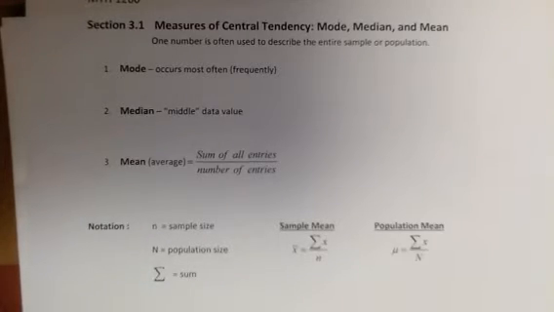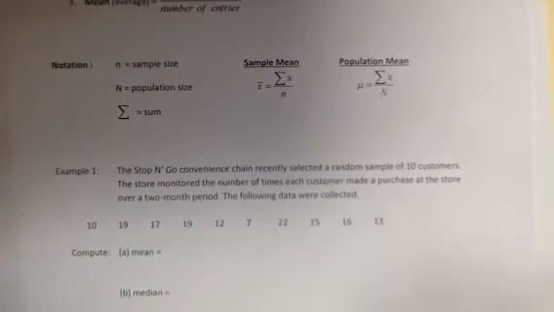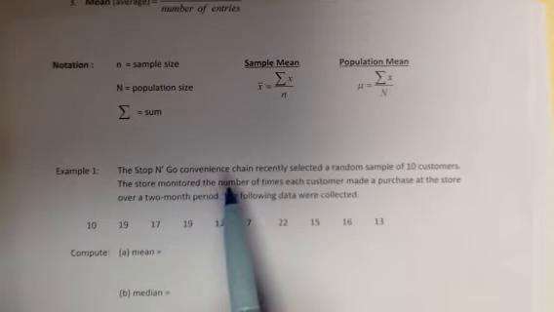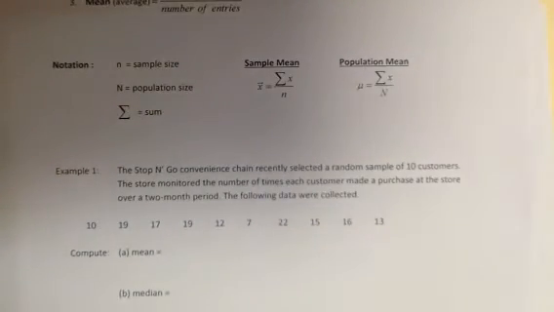So let's now look at an example. In this example, it says the Stop and Go convenience chain recently selected a random sample of 10 customers. The store monitored the number of times each customer made a purchase at the store over a 2-month period. The following data were collected.